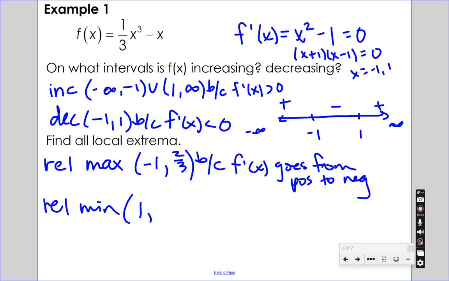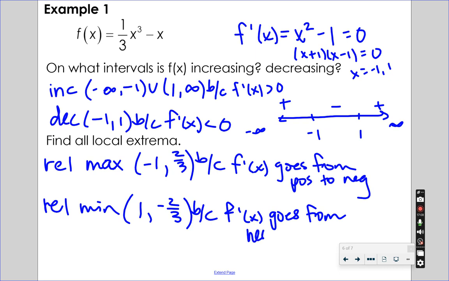Let's see, 1 minus 1/3 minus 1. Negative 2/3, yes. Because f prime of x goes from negative to positive. All right, all of that was from last week.